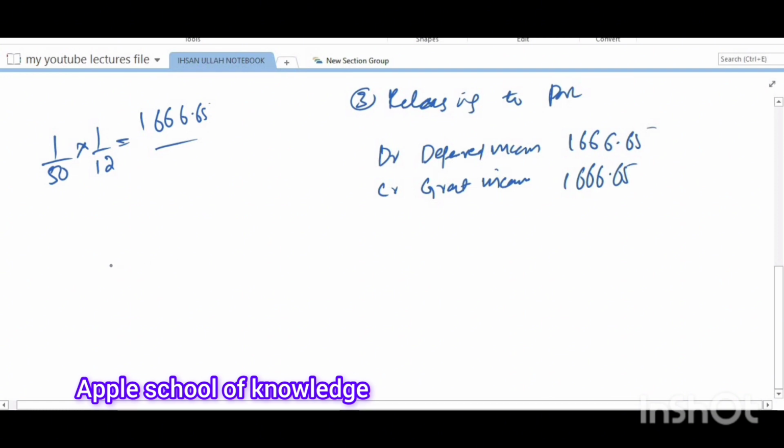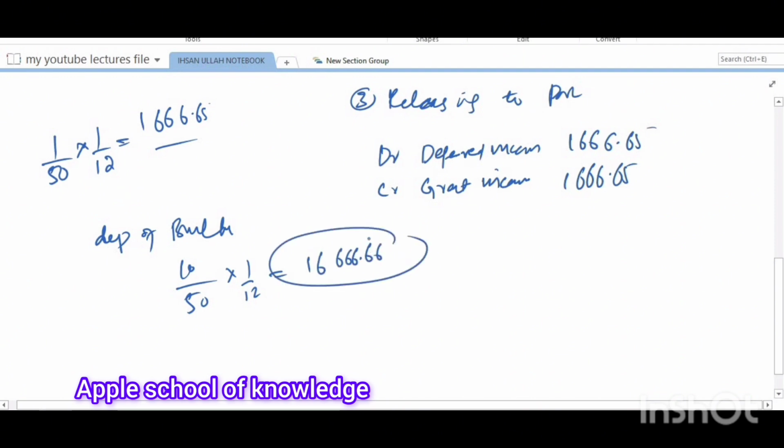How about the depreciation of the asset, the building? That will be depreciation of the building. So the amount is 10 million, divided by 50, times 1 by 12, and that will be 1. You will do it by yourself. This is the depreciation.